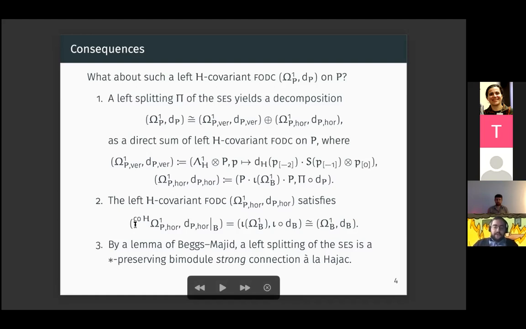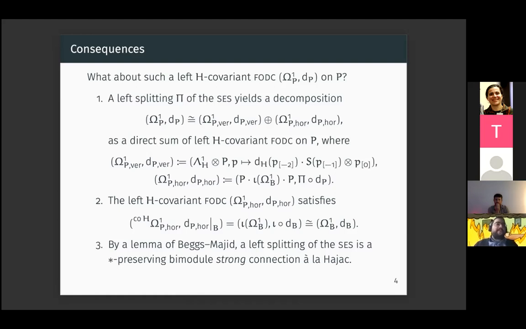And one other thing to note: by a lemma of Beggs and Majid, this left splitting of the short exact sequence isn't just a connection, but it's a strong connection in the sense observed by Hajac.